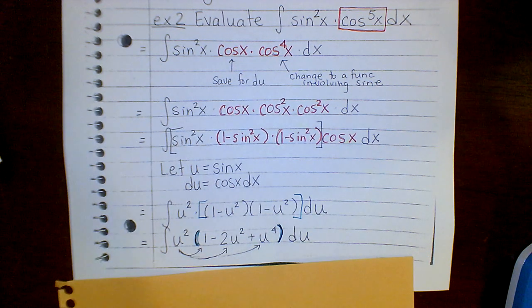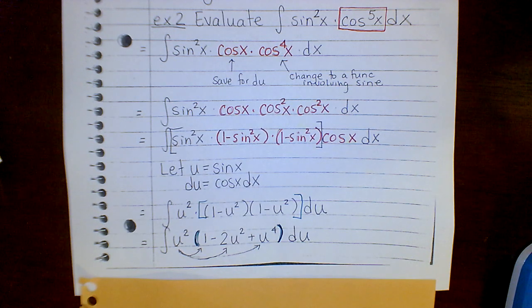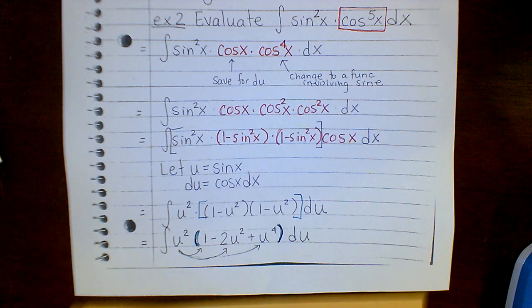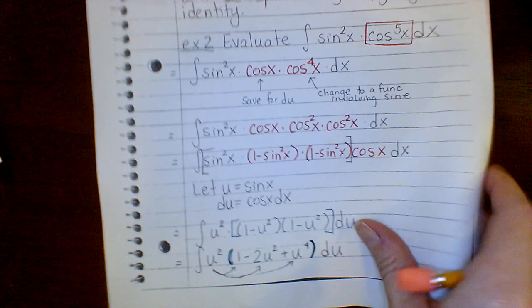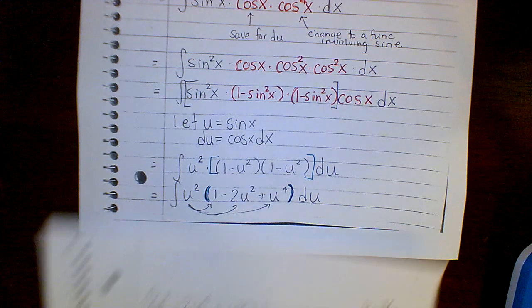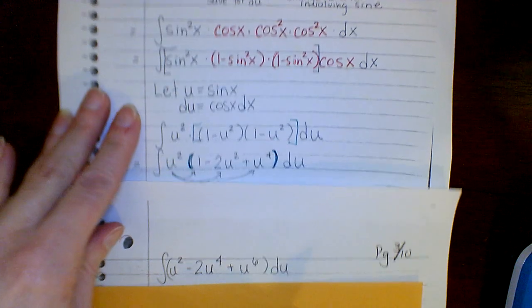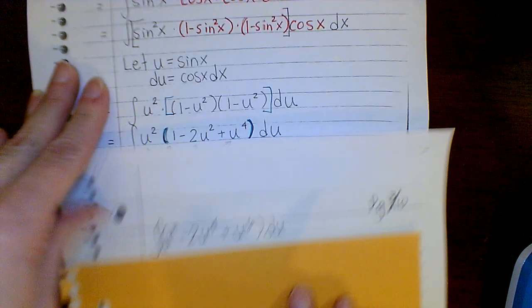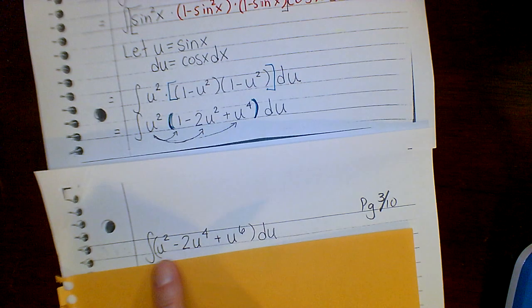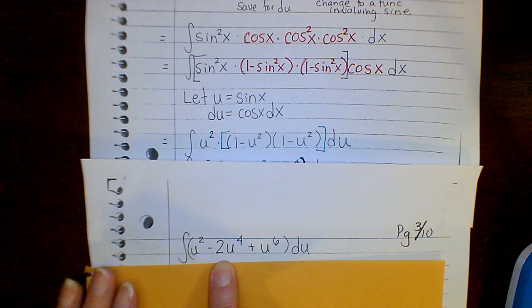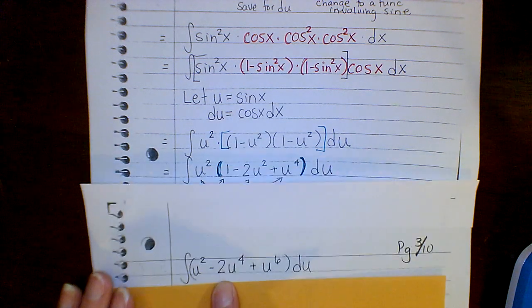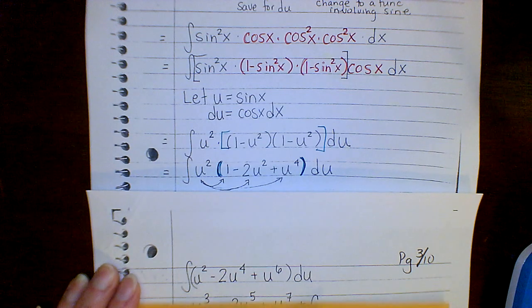And then I distributed that u squared throughout there. So in distributing that u squared, I end up with some crooked paper here, alright, so oops, can bring that back to it.